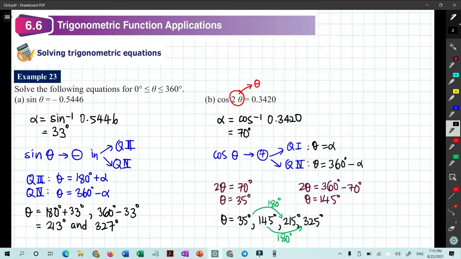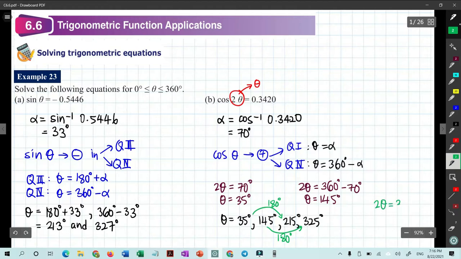Before that, why is it 180? It's 180 because 2 theta is equal to 360 degrees. The graph of cos 2 theta will have 2 cycles within 360 degrees. So the period is going to be 360 divided by 2, which is 180 degrees.